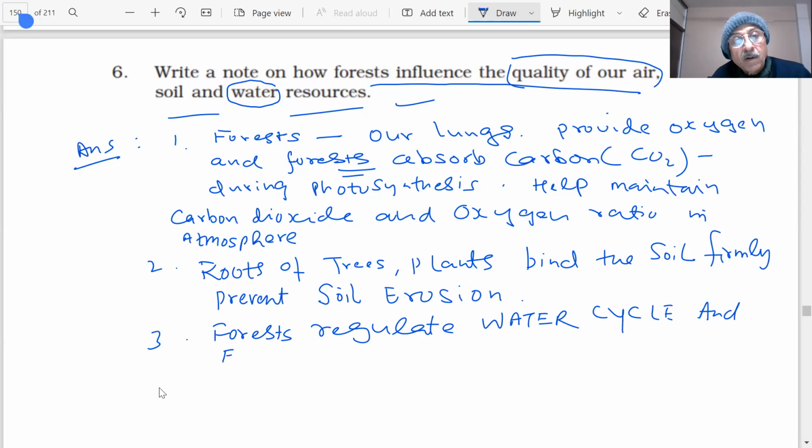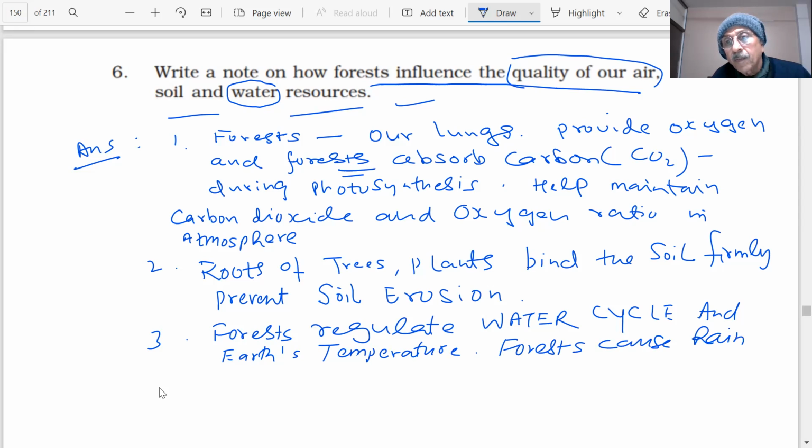And Earth's temperature. So forests cause rains, students, and help in reducing water shortage. Am I right?